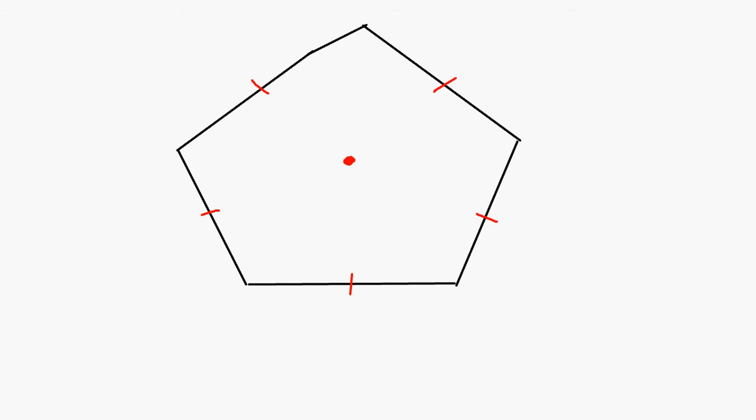Now, when you're finding the area of a regular pentagon, you need the perimeter, right? You guys remember that the perimeter is the sum of the sides. If you know one side length, you can multiply it by the number of sides, and that'll give you the perimeter, right? And then this right here, from the center of the polygon to a side of the polygon, intersecting at 90 degrees, that is the apothem.